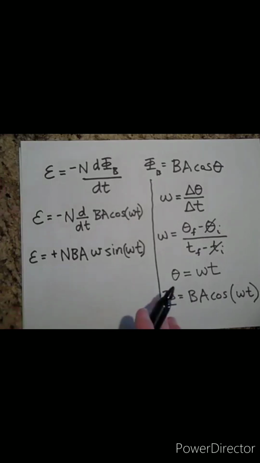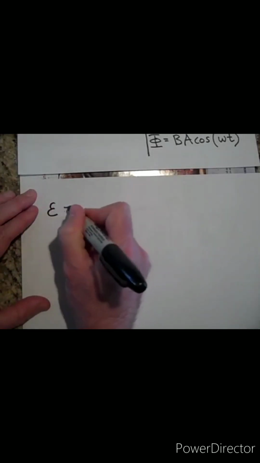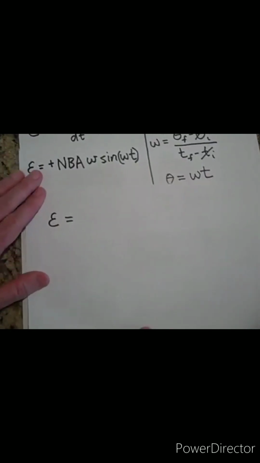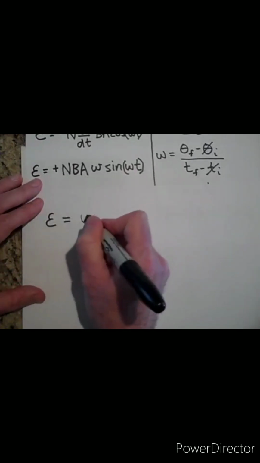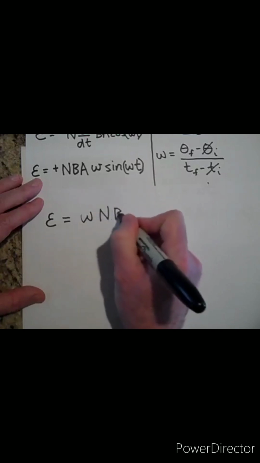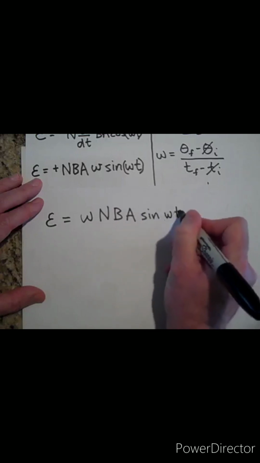Yes, that's the EMF induced. Let's see how we can make sense of it. So the EMF that's induced by spinning a bunch of coils through a magnetic field is going to be equal to, and I'm actually going to write it differently, W N B A sine omega t.